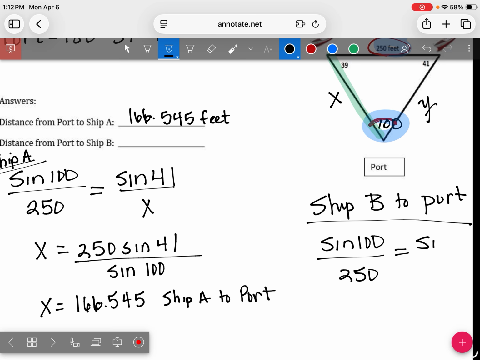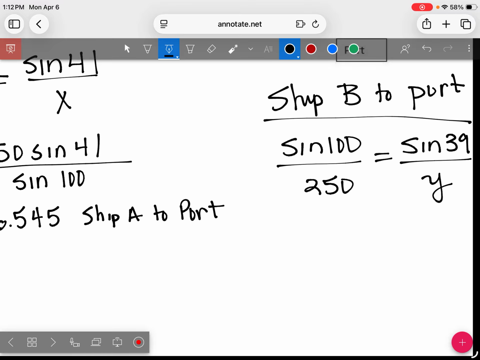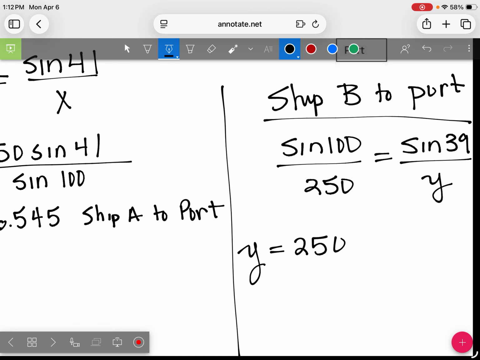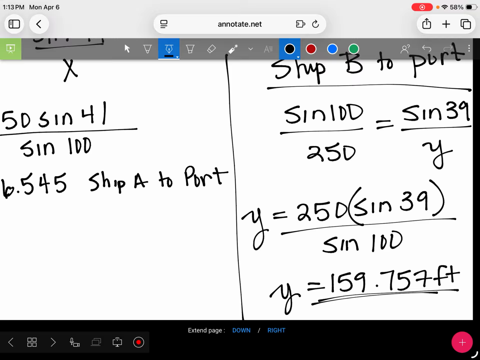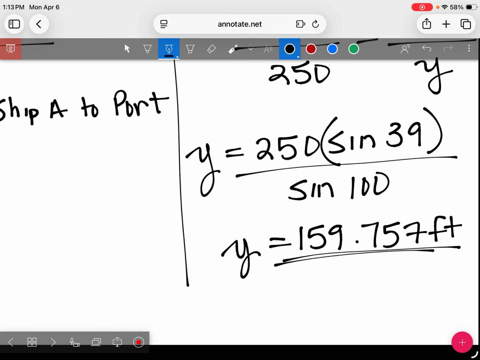But now I'm going to use the sine of 39 over Y. All right, go ahead and solve that for Y. All right, that's what I got.